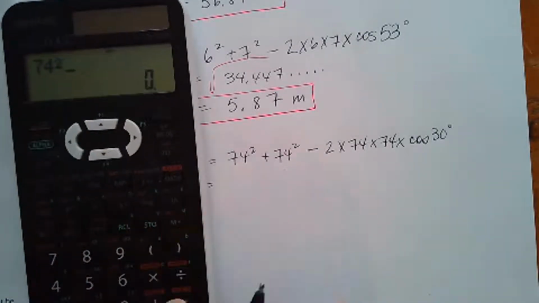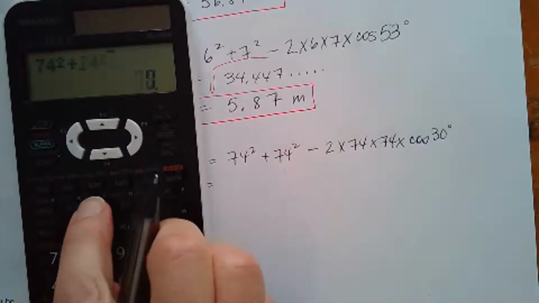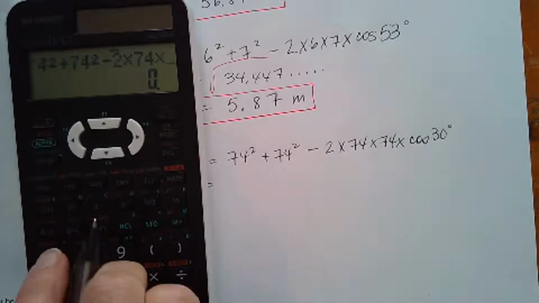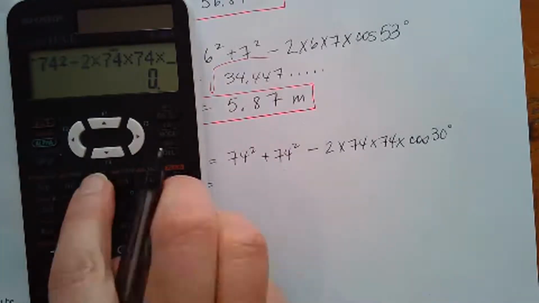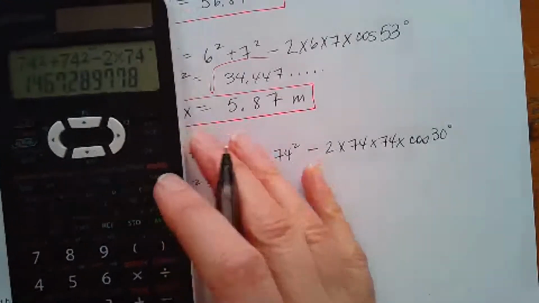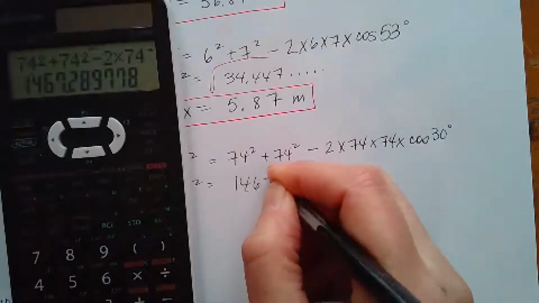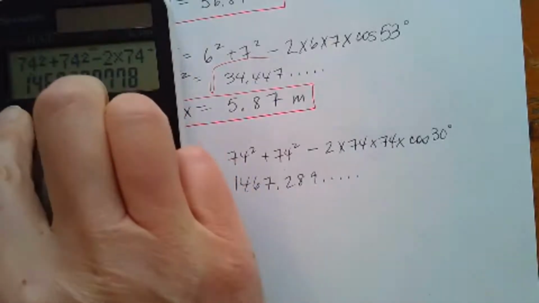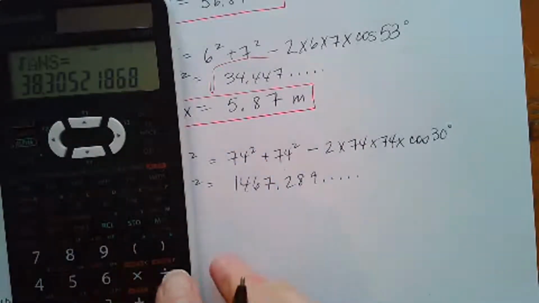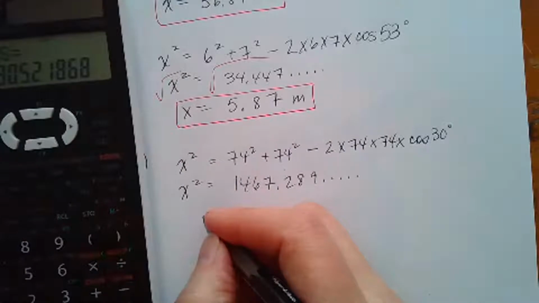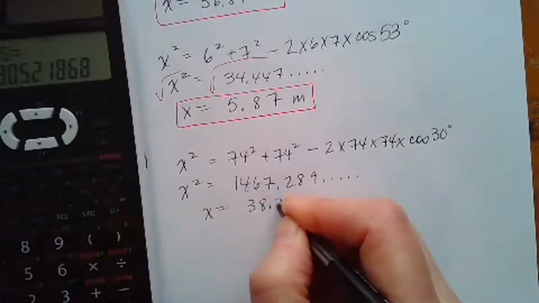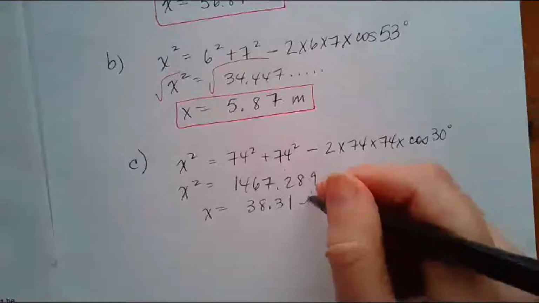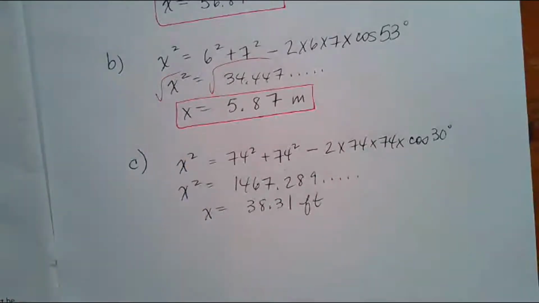That equals 1467.289. Square root the final answer, and I get x equals 38.31, and I can't remember if it was feet.